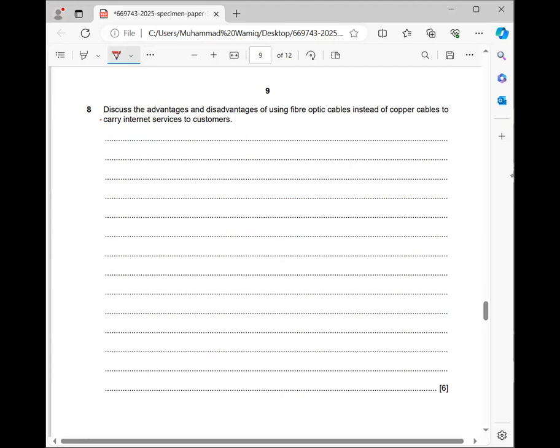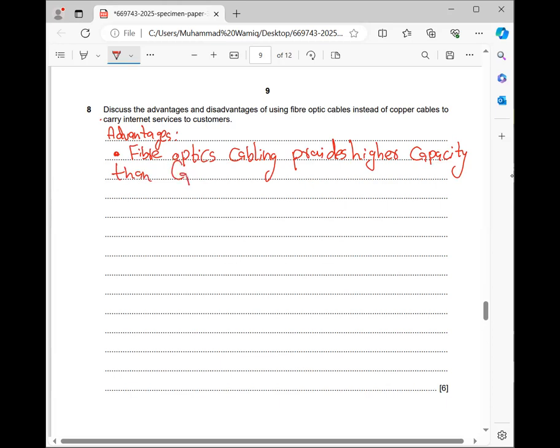First of all, let's write some of the advantages. Advantages can be: fiber optics cabling provides higher capacity than copper cables.